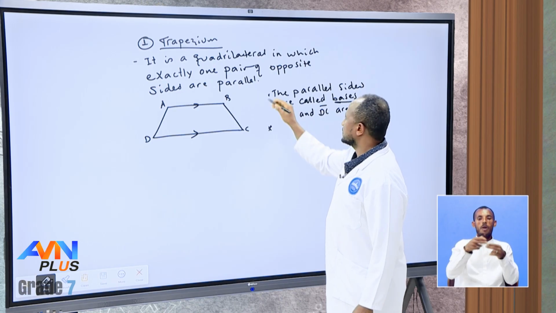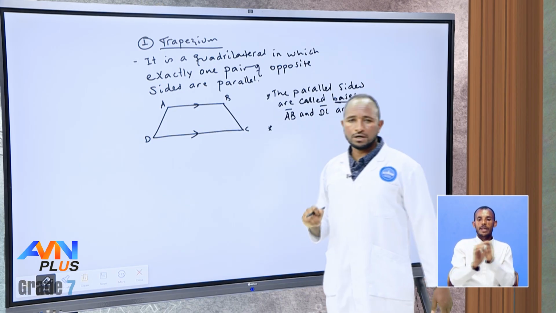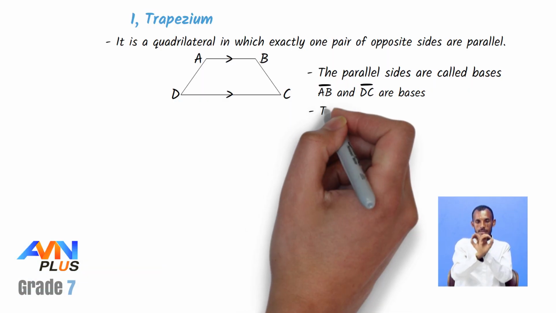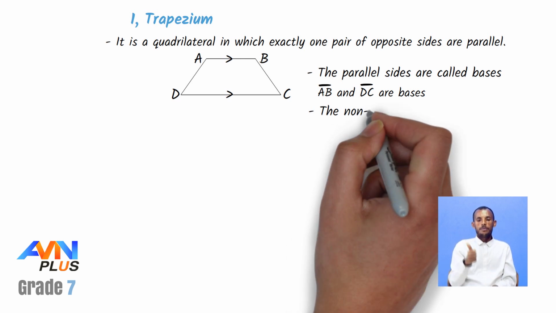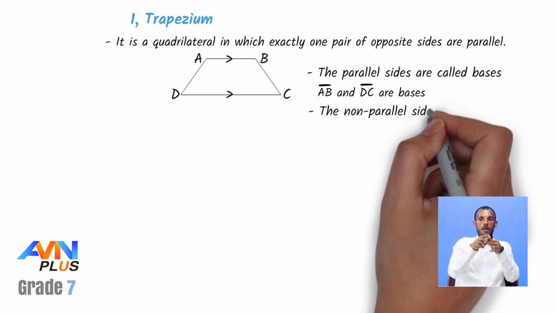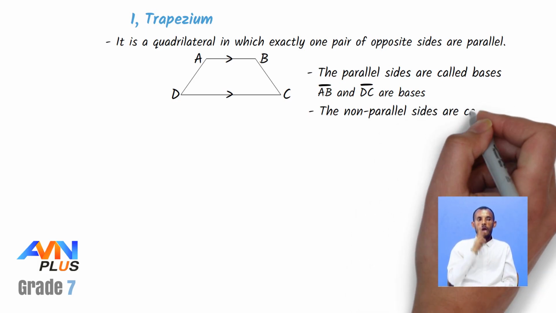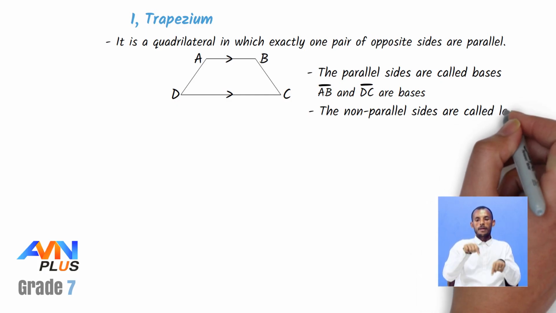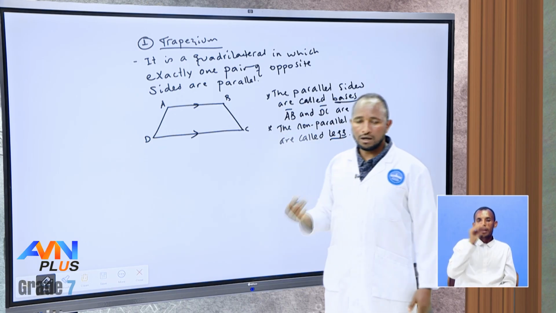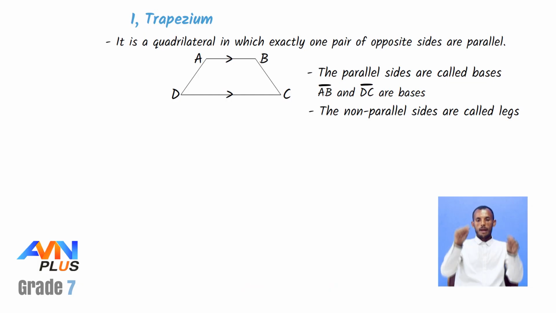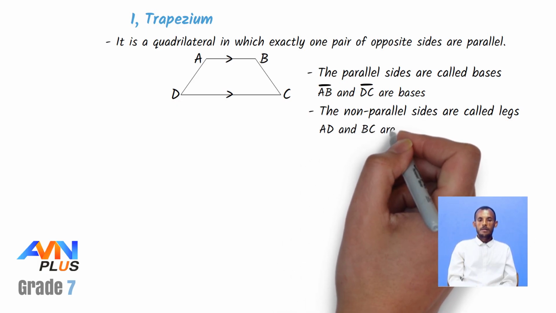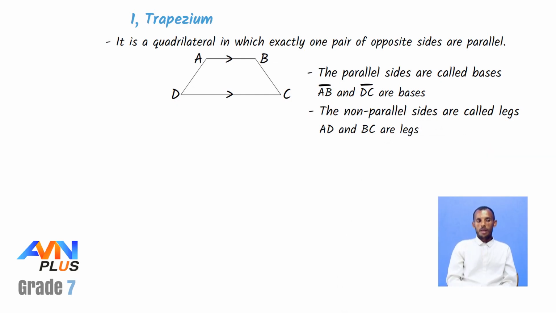And here the non-parallel sides of this trapezium are called legs of the trapezium. Here sides AD and BC are legs of the trapezium.